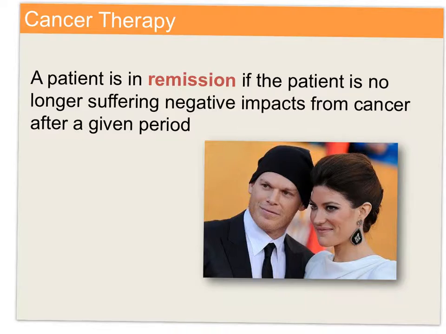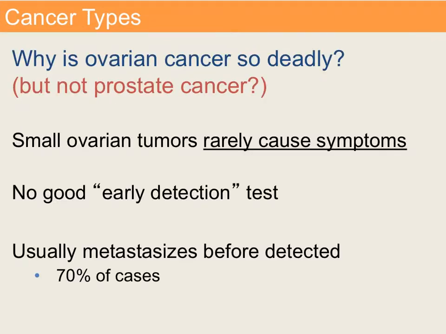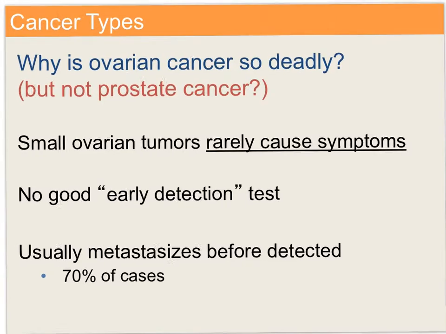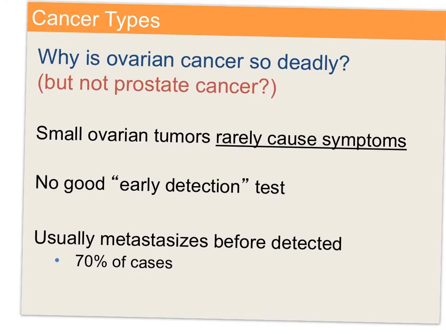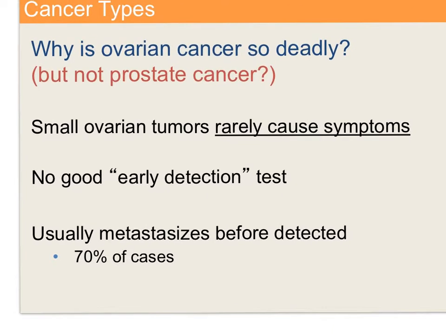So this is, let's see, Patrick Swayze, I guess. I think he had pancreatic cancer. In the end, it killed him. One of the reasons pancreatic cancer is so deadly is usually it's not caught.